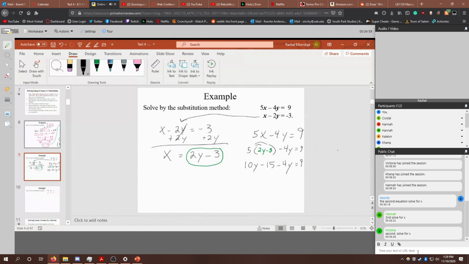And then we just need to work that out. So 10y minus 4y. Then we need to solve for y. So I get y equals 4.